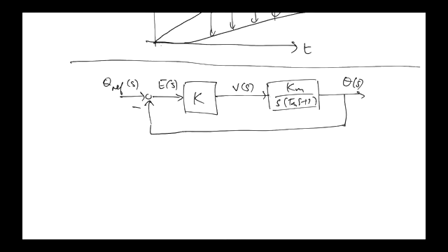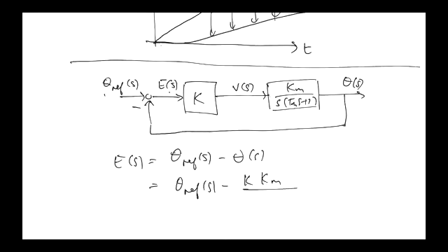All right? Well, for a ramp reference, let's look at the behaviour of the error signal. Right? So the error signal is still theta ref minus theta s, but theta s is k times km on s tm s plus 1 times the error signal, right?